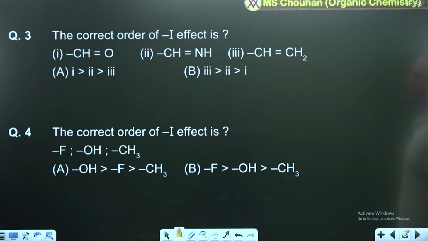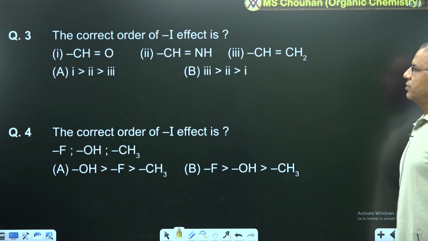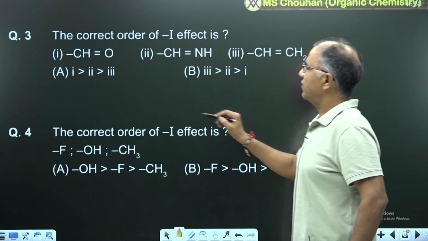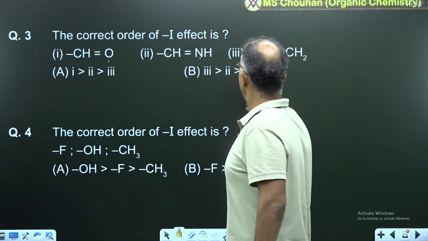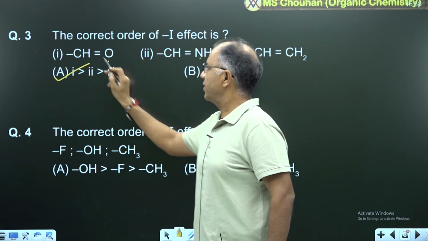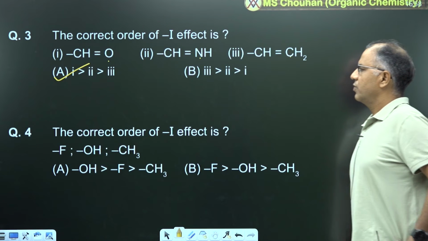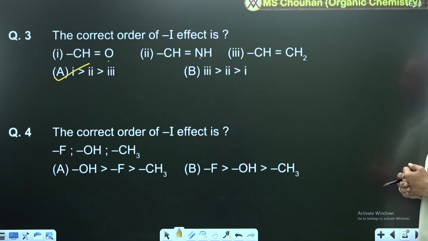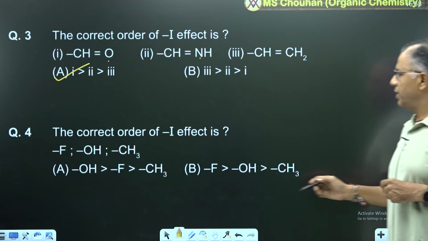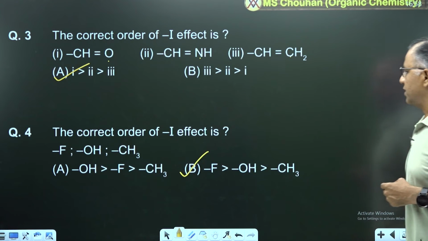Now try the third and fourth. The order of minus I will be oxygen more than nitrogen more than carbon, A. Fourth, the order of minus I will be B, F greater than OH greater than CH3.